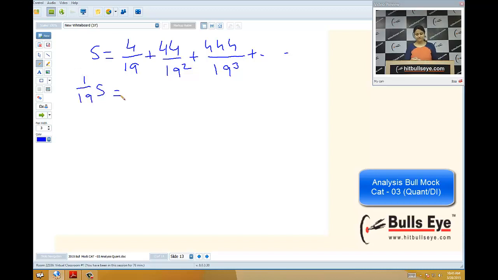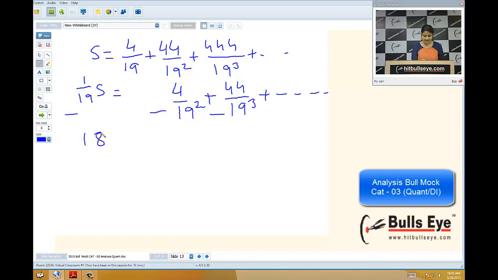Now at the first term, I'll get 4 by 19 square. My aim is to match the denominator. I'm leaving the first space. Then I'm writing the rest. Now subtract these two. We'll get 18 by 19 s.